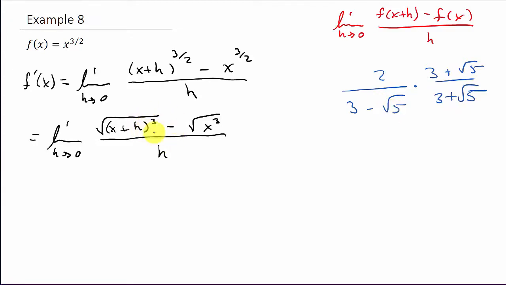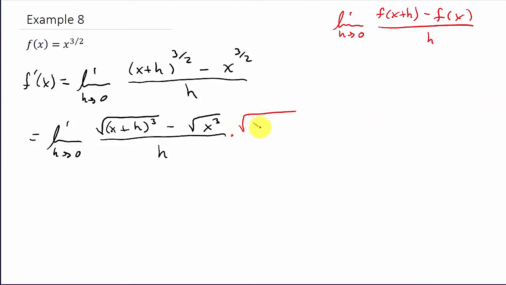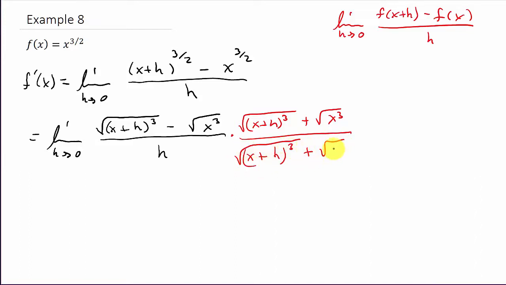We'll rationalize the numerator. Okay. Alright, so I'm going to multiply by the square root of x plus h cubed plus the square root of x cubed, over the square root of x plus h cubed plus the square root of x cubed.